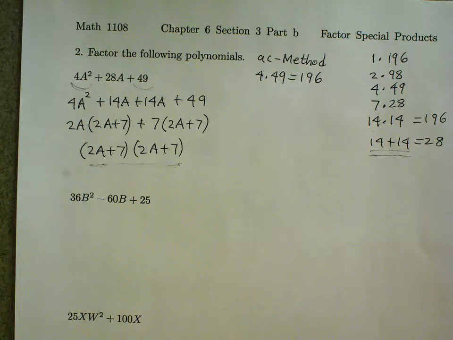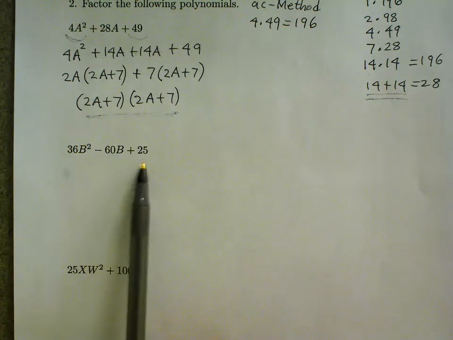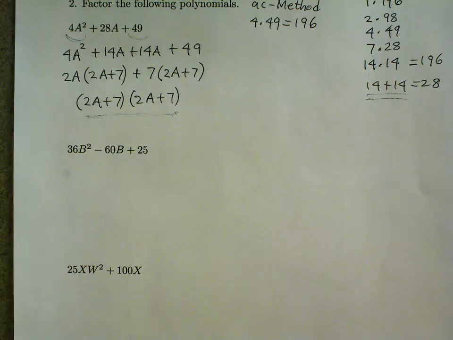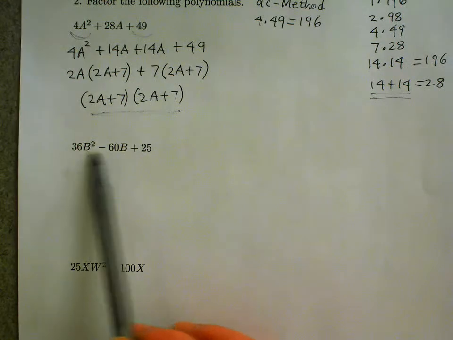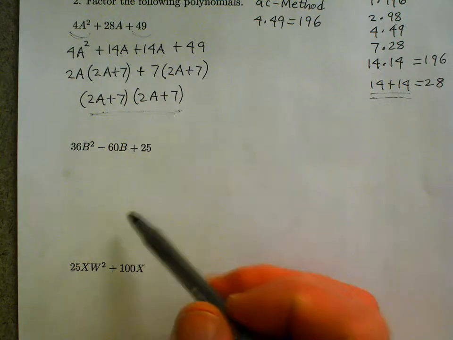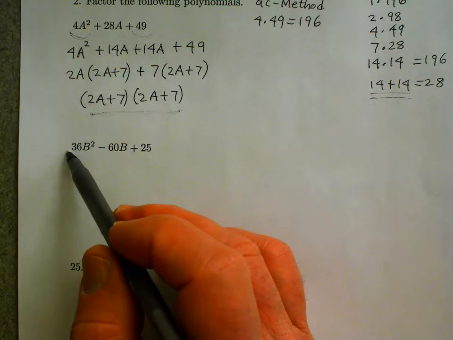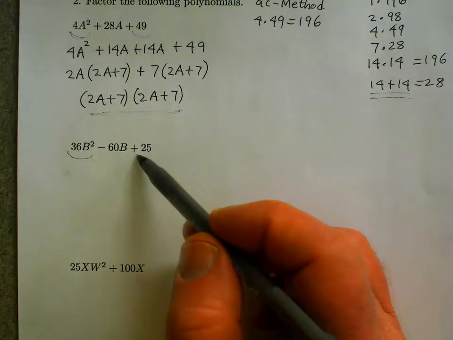Okay, on the next one, 36b to the second minus 60b plus 25. The greatest common factor of all three terms is 1. Maybe it's a perfect square trinomial because 36b to the second is a perfect square and 25 is a perfect square.